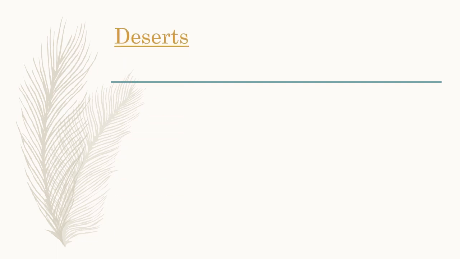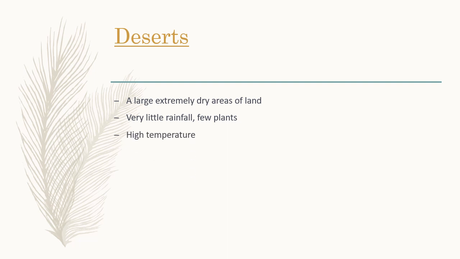See, desert: a large, extremely hot and dry area of land with very little rainfall and few plants because of high temperature.